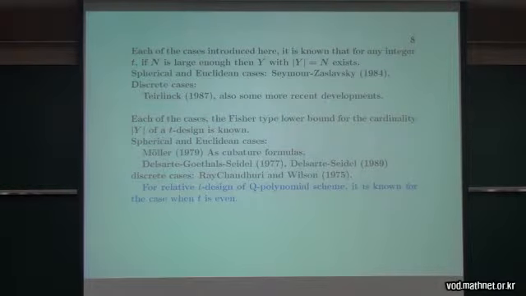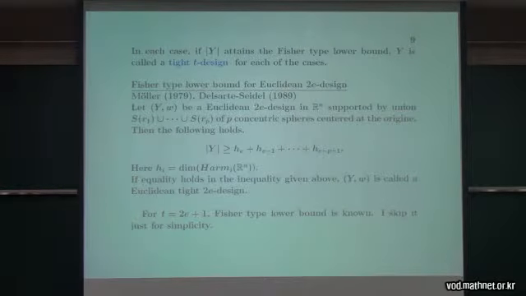For relative designs of Q-polynomial schemes, it is known only for even t. In each case, if Y attains the Fisher type lower bound, Y is called a tight t-design, sometimes relative tight t-design or Euclidean tight t-design.